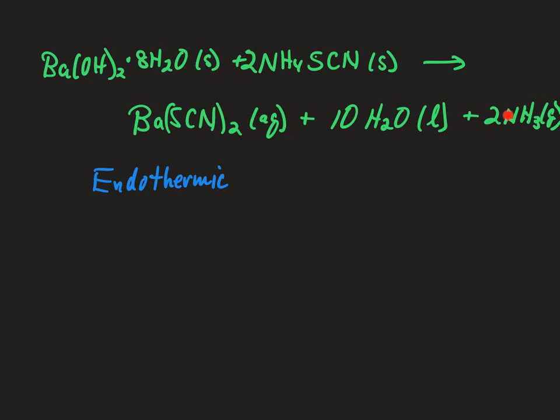That seems backwards, right? But if we look, we're going from solids to liquids, gases, and ionic compounds in solution, which means these ions are free to move independently in solution.